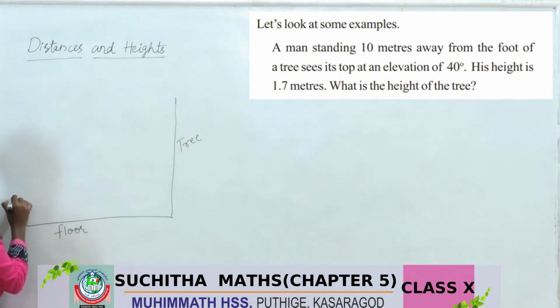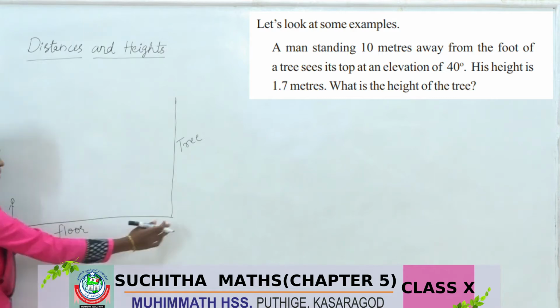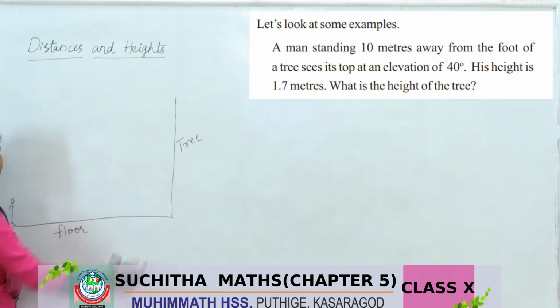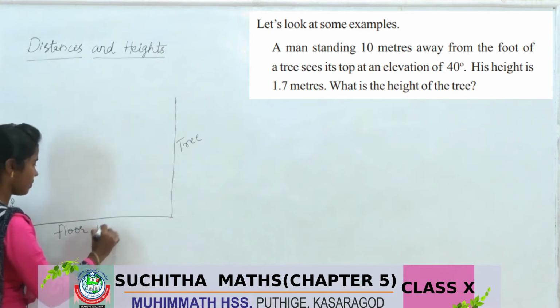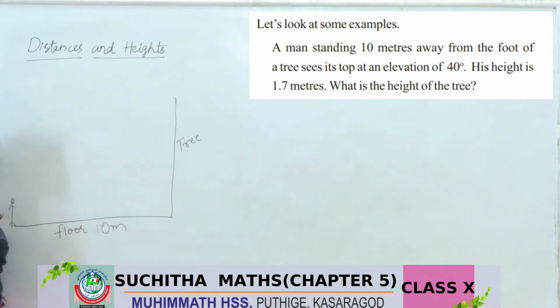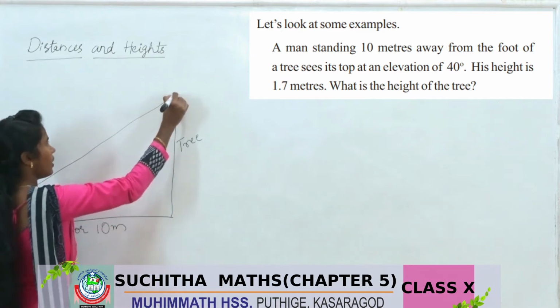Here a man is standing, 10 meter away from the foot of the tree. So the distance between the man and the tree is 10 meter, and the man sees the top of the tree at an elevation of 40 degree.